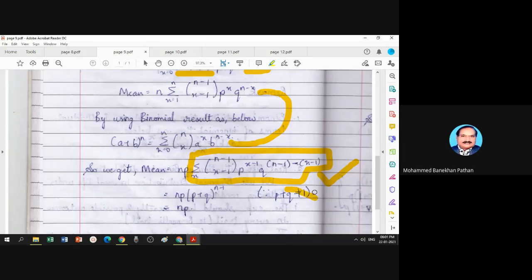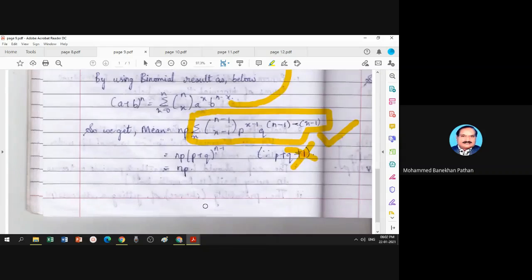It is 1 because q is 1 minus p. So quite natural, p plus q equals 1. 1 to the power anything is 1, so this quantity cancels. So what is the mean of the binomial? The answer is np.